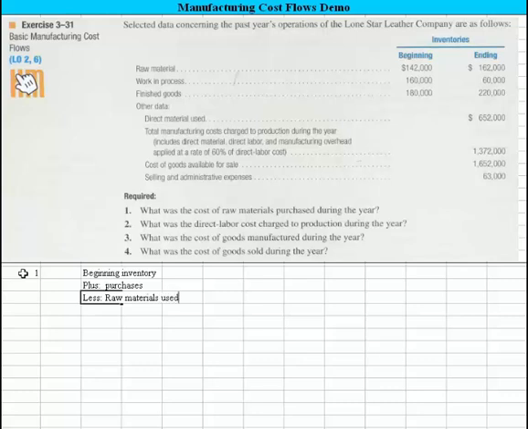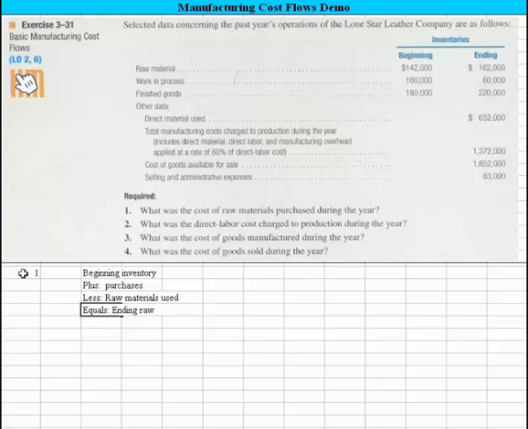And this is how we would calculate the cost of materials purchased during the year, would equal ending inventory.